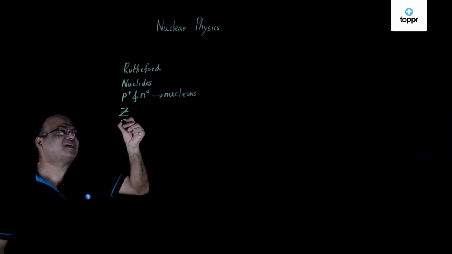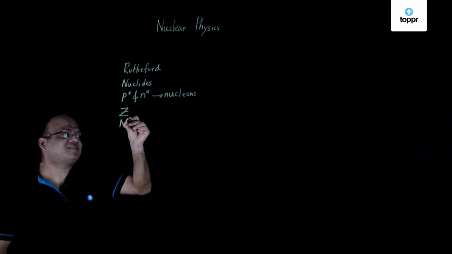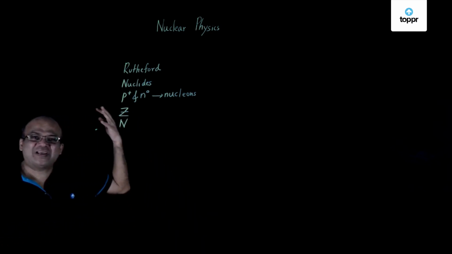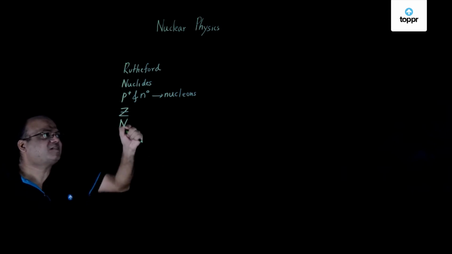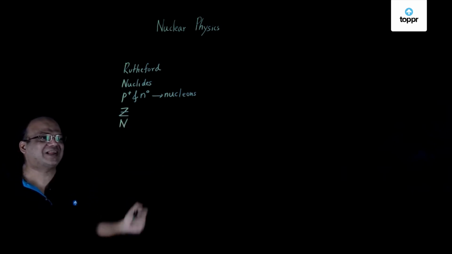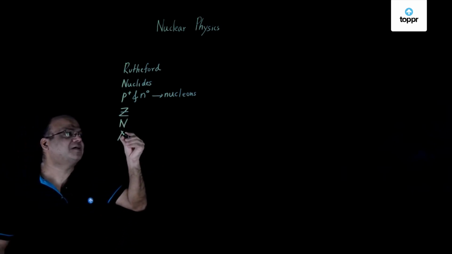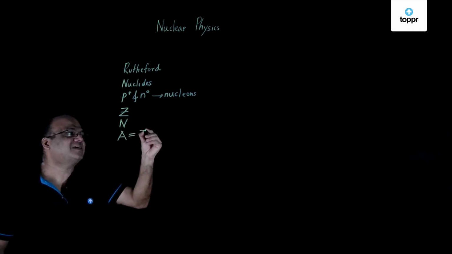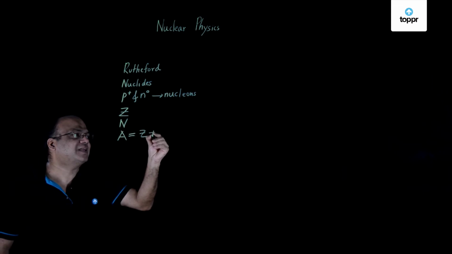Every nucleus has got some number of neutrons, and that number we denote as N, that is called neutron number. The sum of these two is known as mass number. Mass number is written as A, and that is nothing but Z plus N.